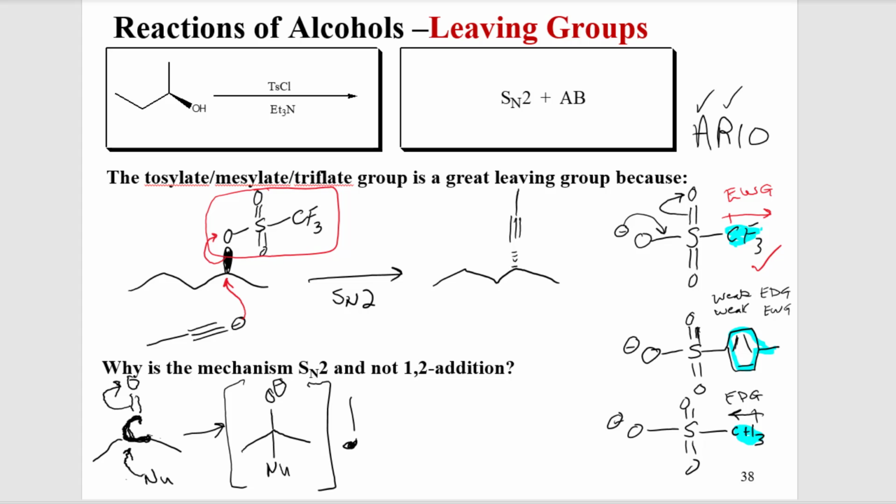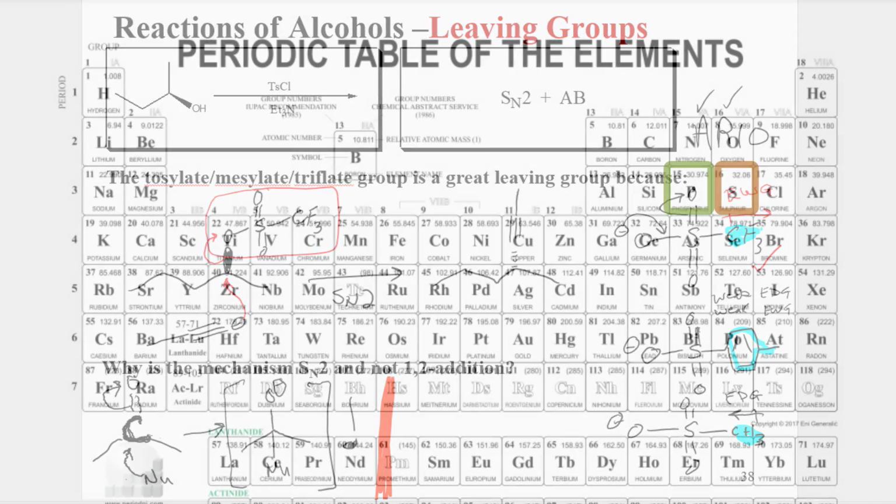All right, I'm going to draw a wall here. I'm going to make a claim that when you're dealing with things like sulfur and phosphorus, those atoms are in the, let's take a look at the periodic table again.